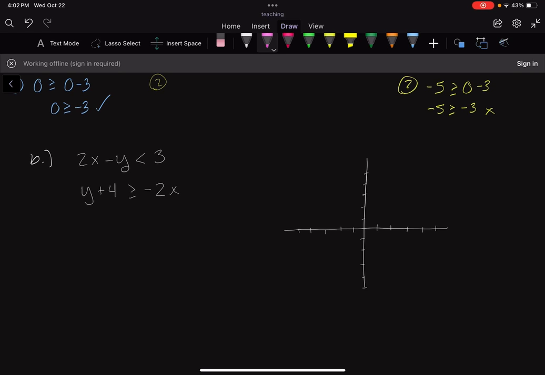So for my first line, I'm going to do that one in pink. First, I need to change its form. So I'm going to do negative y less than negative 2x plus 3. Still not quite the form I need. I need y by itself. Be careful. I have to switch the direction of this sign here.